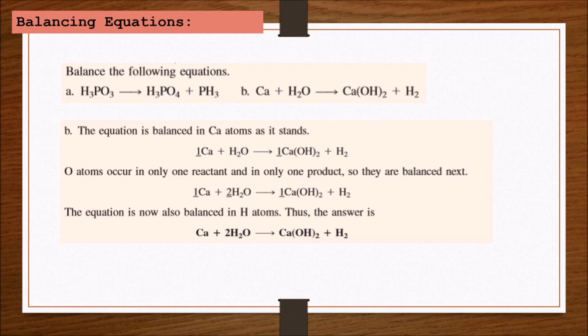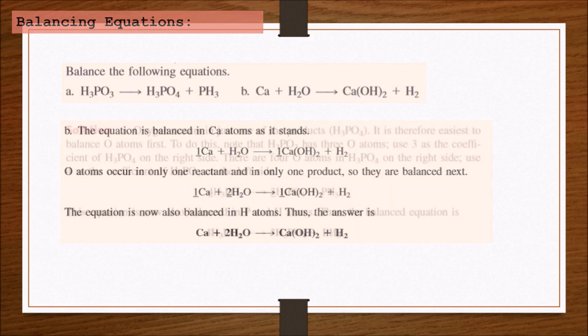So you can simply put 2 as the coefficient of water to balance the oxygen atom. By doing so, you will also notice that the hydrogen atoms are now balanced. So you can write the balanced equation in this manner.